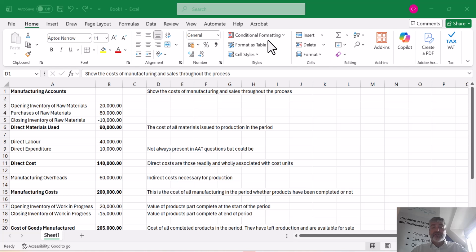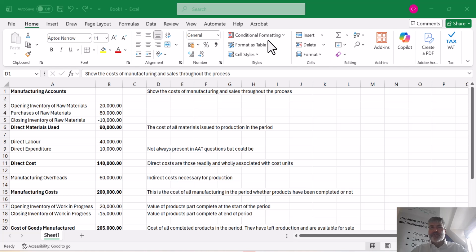So this is the cost associated with all the work that has gone on in the factory in terms of production or manufacturing in the period, whether the products have been completed or not. So the manufacturing costs is another subtotal on this report that you need to be aware of.